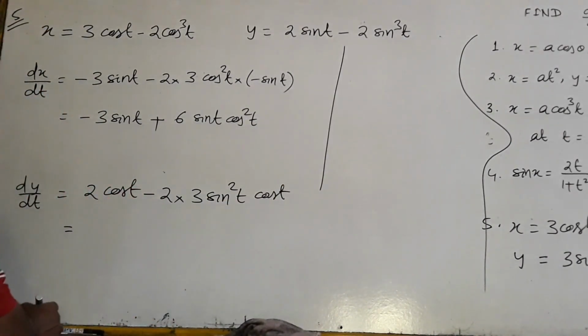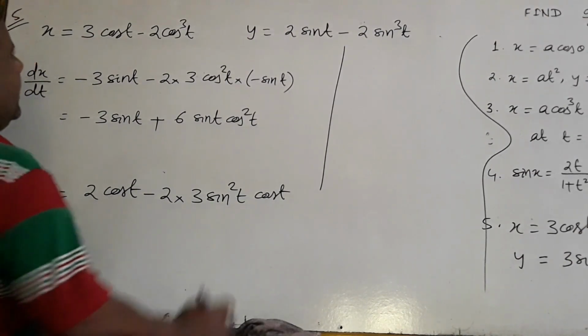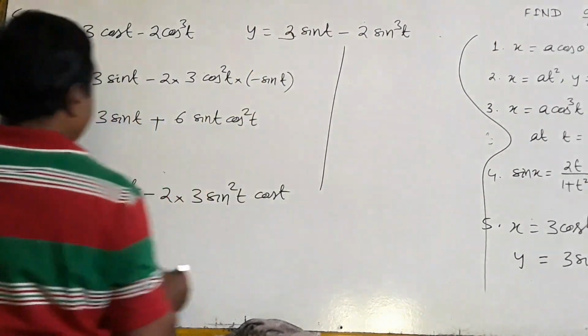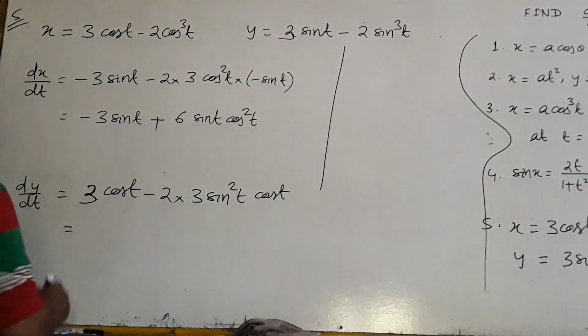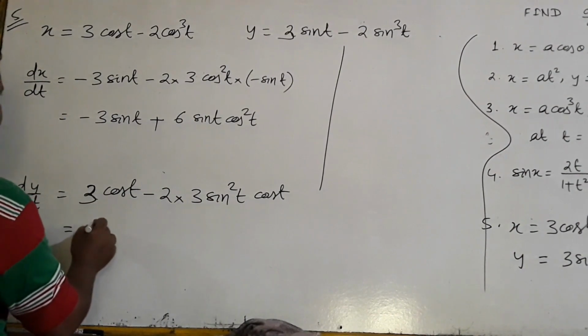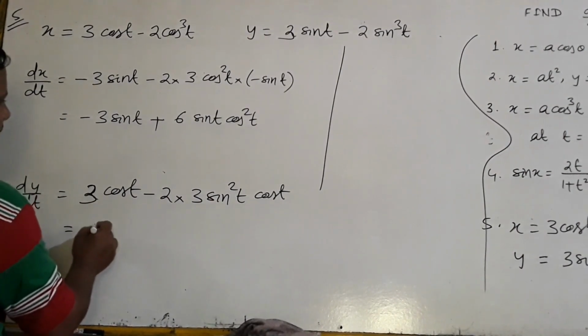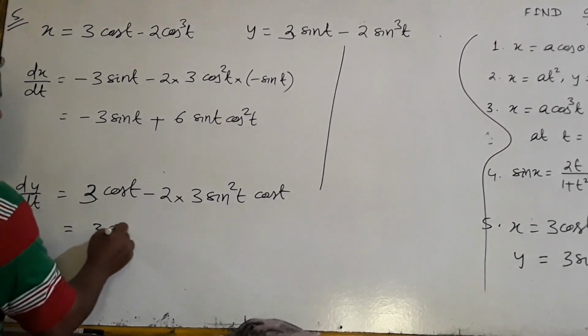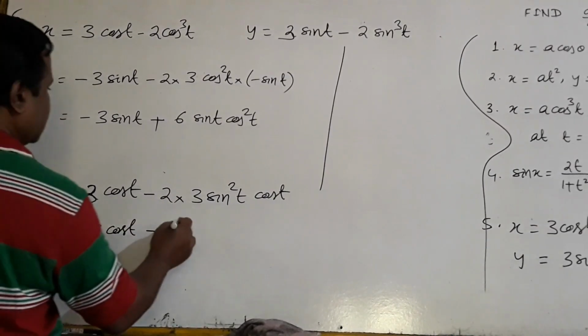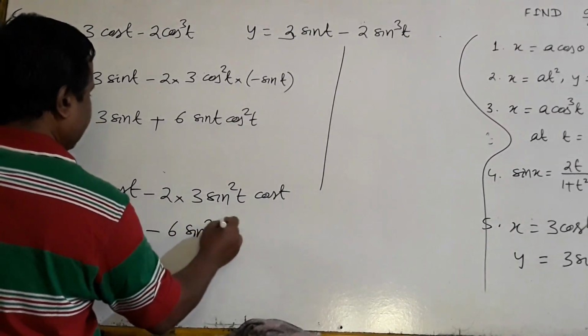Sorry, it is 3 cos t. Now it becomes 3 cos t minus 6 sin square t cos t.